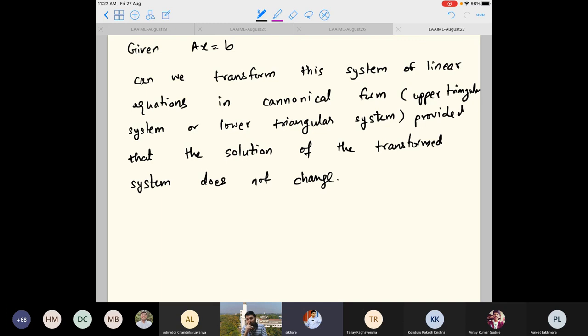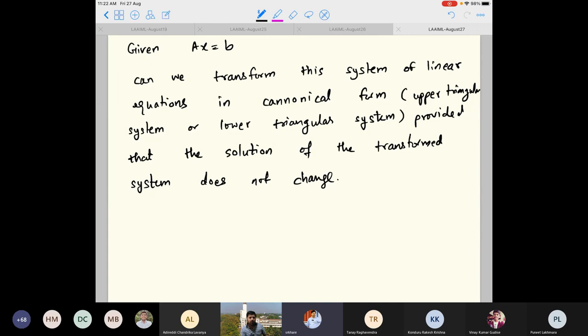Correct? We want to convert A into a canonical form, but we don't want to change the solution x finally. If we are able to transform the system Ax = b into a nice canonical form, then it can be solved very quickly and easily, and we will get the solution. So this is the idea, and this is what we are really going to do.